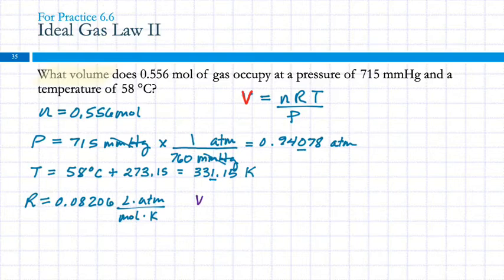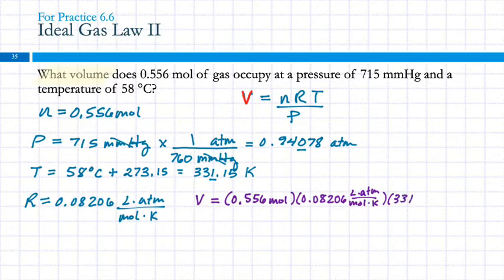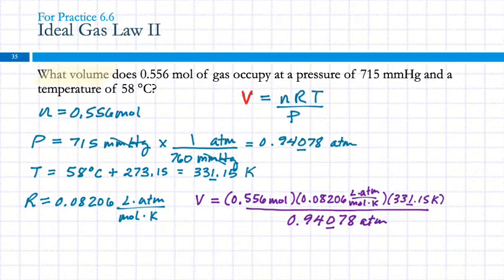I can write in here, the volume is equal to N, 0.556 moles, times R, 0.08206 liter atmospheres per mole Kelvin, times the temperature, 331.15 Kelvin, divided by the pressure, 0.94078 atmospheres.